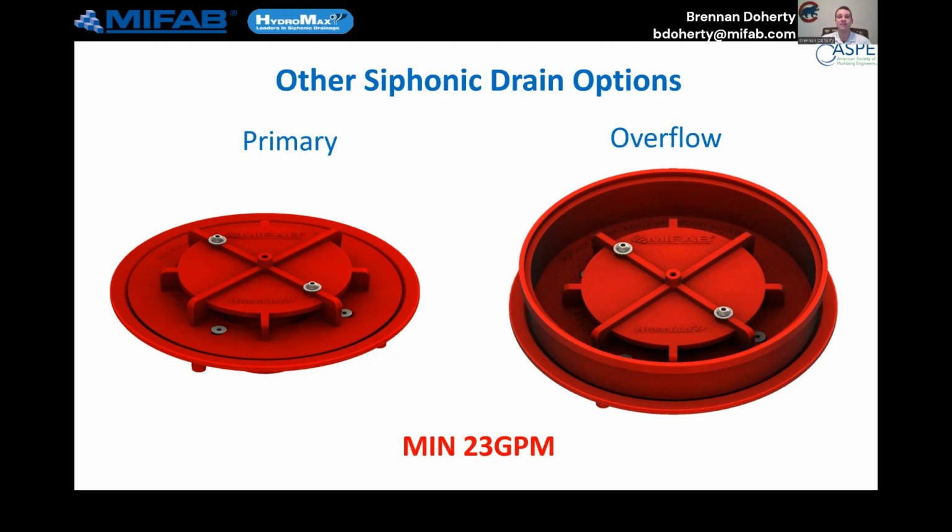Rule 1B, we need to make sure every drain on the system has a minimum design of 23 gallons per minute. What that basically means is we can't have any area drains or planar drains be connected, as they just would never receive enough rainfall rate to get to that self-scouring velocity. 23 GPM does take into account your rainfall rate. So depending on where you're designing in the country, the minimum square foot is going to change.